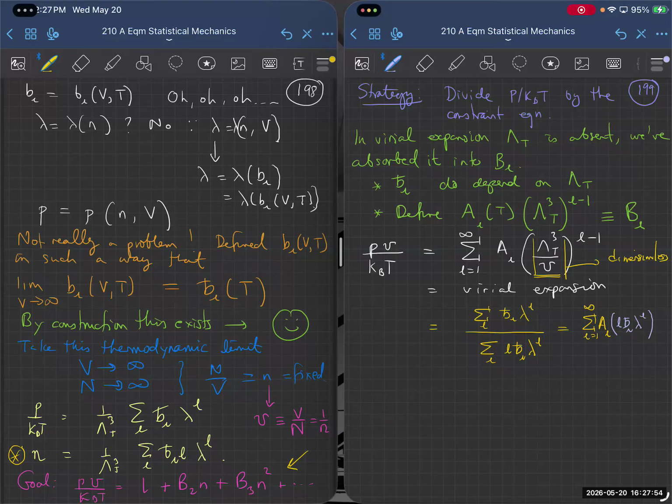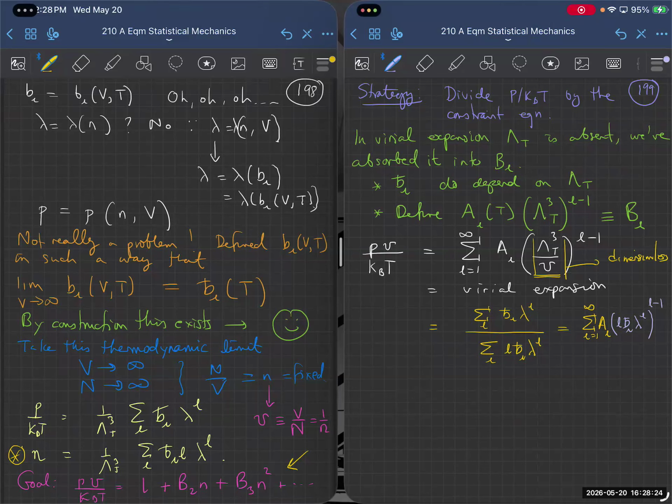And this formula that I've written down here isn't quite correct. What have I missed out? What I've missed out is that this term here is raised to the power L minus 1.